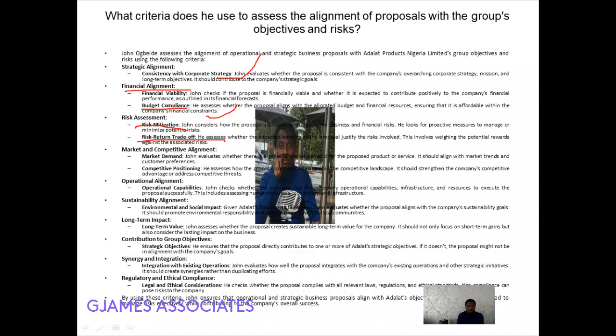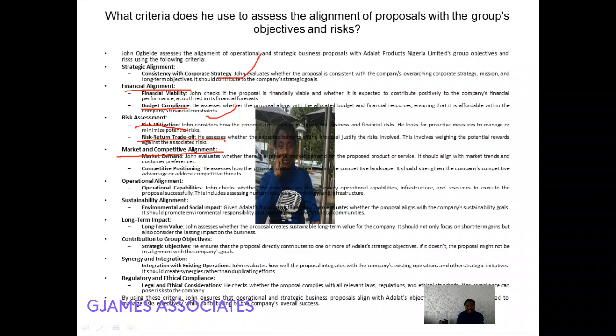John, you must consider the market and competitive alignment. The objective of this proposal, is it going to take us into a new market or penetrate the existing market?